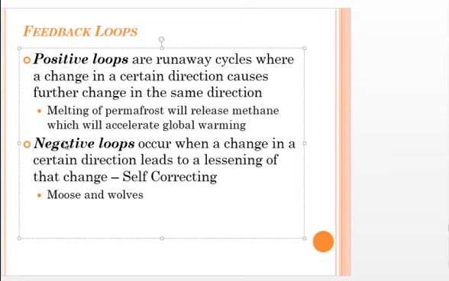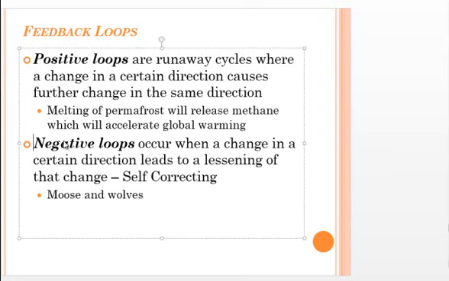Negative feedback loops occur when basically the input can regulate the output. So a good example of that is an example of moose and wolves. So let's say in the system you have a lot of wolves, and wolves feed on the moose. Well, the input would be the wolves eating the moose, and then you'll get an increase in wolves.